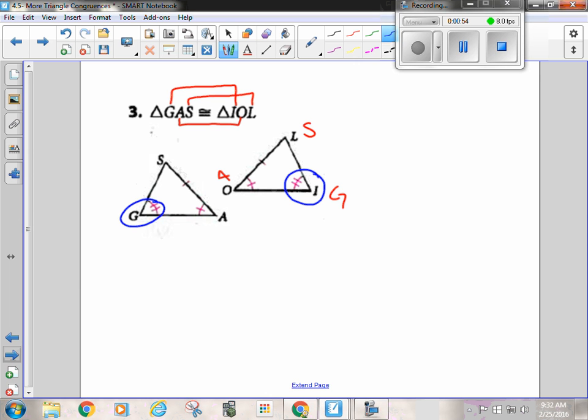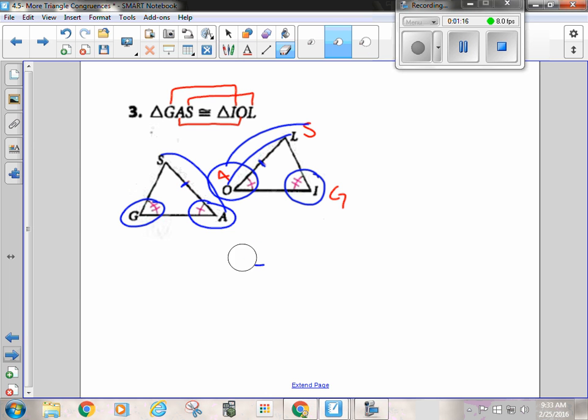They do, so that's a good sign. Then we have A and O. They have the same congruence markings. That's a good sign. And then I see some side markings here and here, and I see that it goes between OL and AS here. So my sides all match up. So I can say, yes, these are congruent.